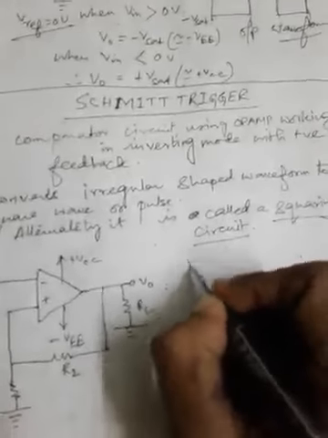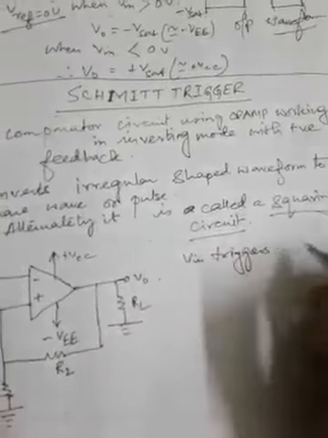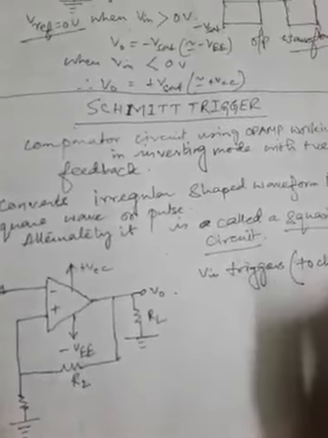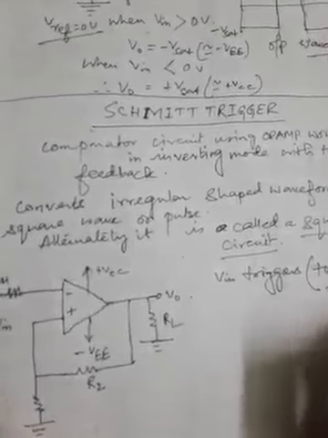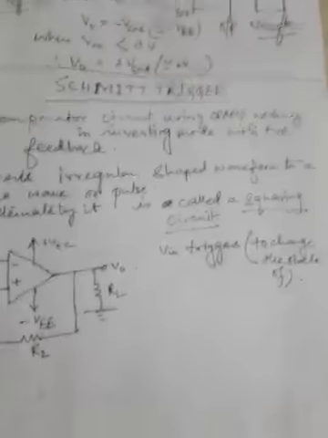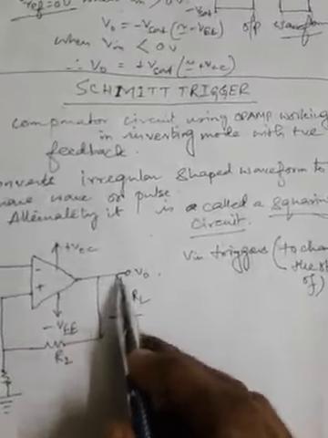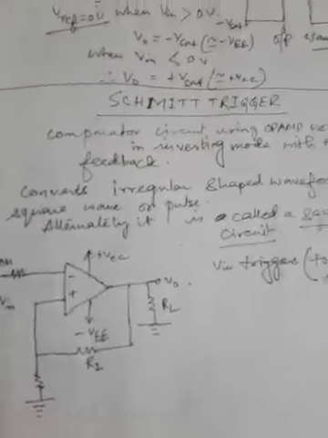Triggers means Vin triggers. The meaning of the term trigger is to change the state of the output from one state to the other every time it exceeds certain voltage levels.